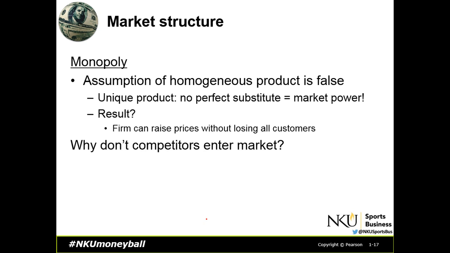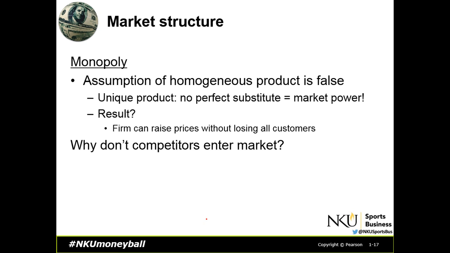So because that assumption of a homogeneous product being sold by many producers is false, the monopoly producer has market power, and that producer, that firm, can raise prices without losing all their customers. So the Reds could raise their prices. They might lose some customers, and how many they lose would be dependent on the elasticity of demand.